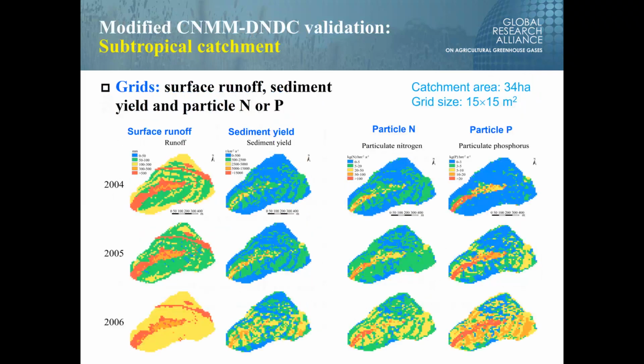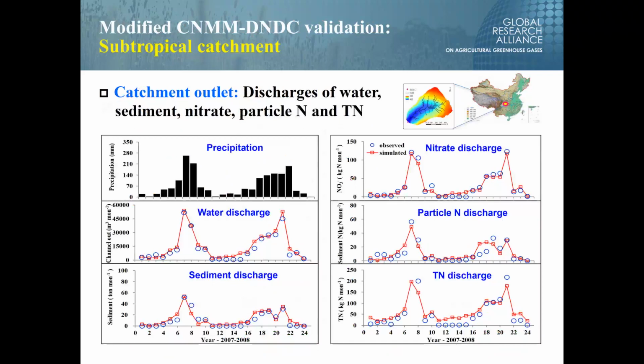This is the simulation of a small catchment with very high resolution for runoff, sediment, and particulate nitrogen and phosphorus. And this is the catchment simulation output for the catchment outlet.